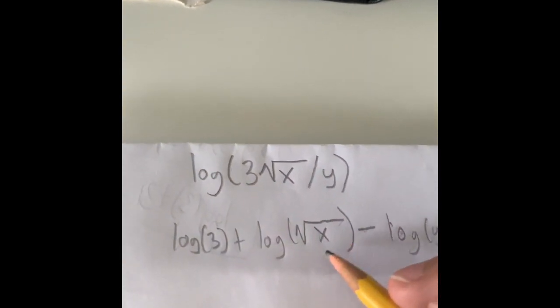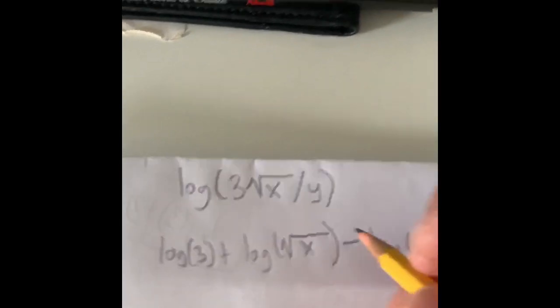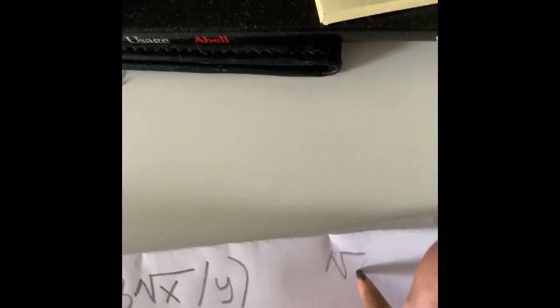What does that mean? Well, if you remember, the square root of any number like x is the same as just x to the 1/2, remember? So we can change that into an exponent.